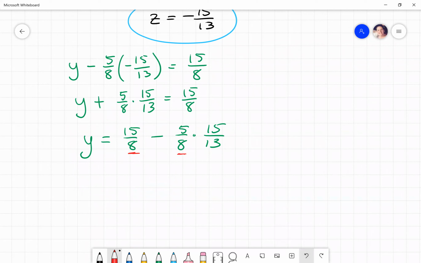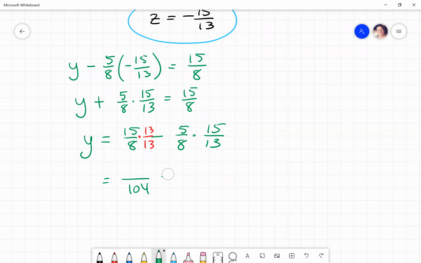So what does that mean? If I multiply this guy by 13 over 13, then I have two fractions whose denominators are 8 times 13. What is 8 times 13? 104. Okay. So we have 104 here.